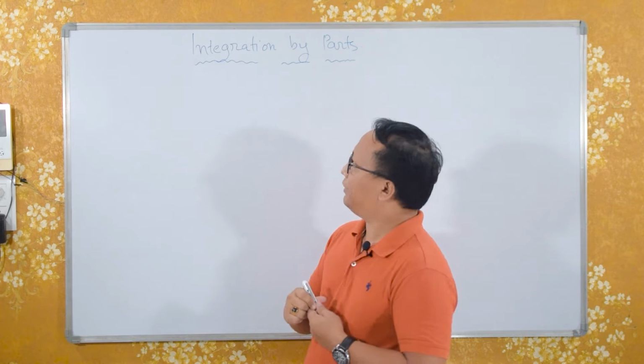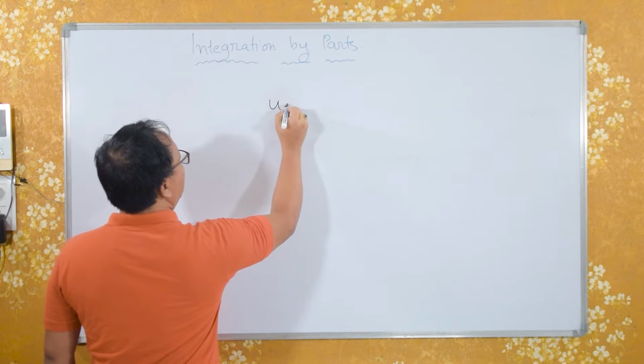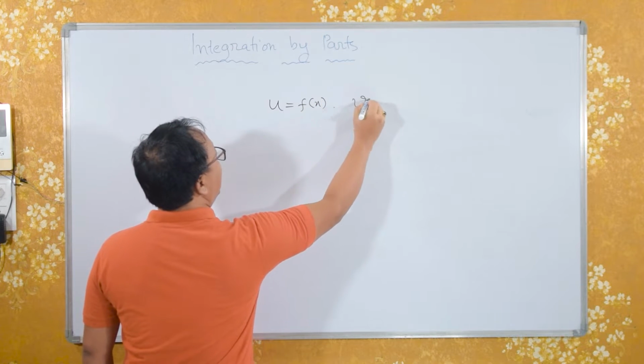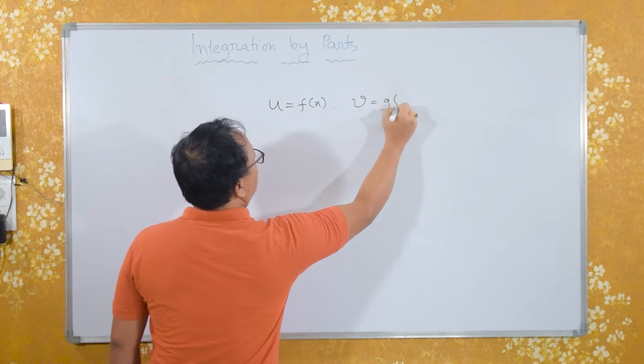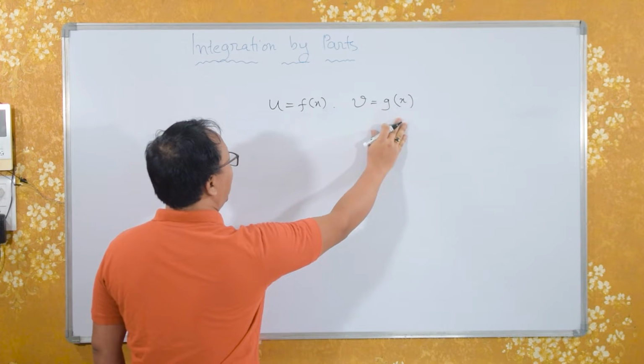Now let's say u is a function of x, f of x, and v is g of x.